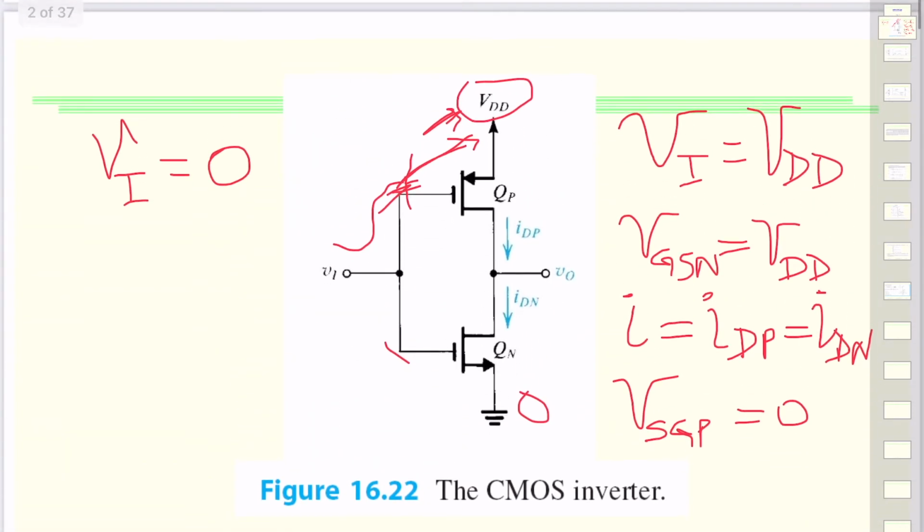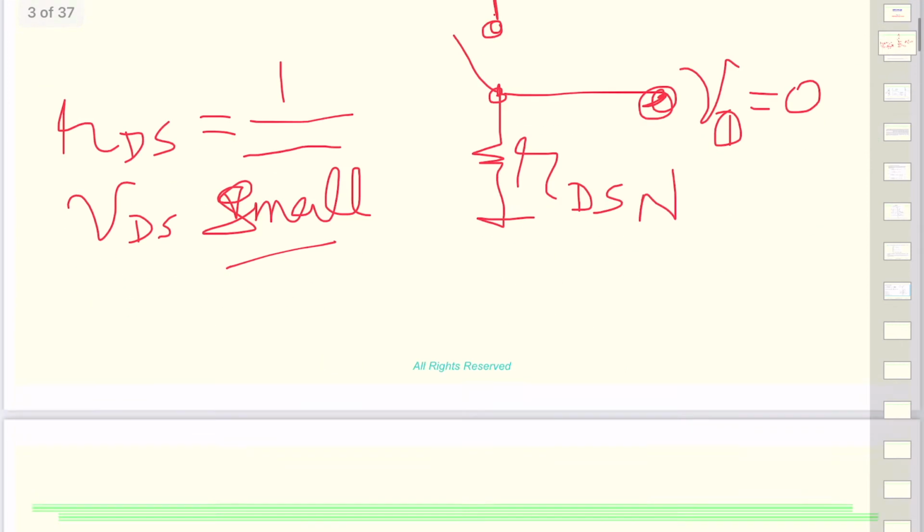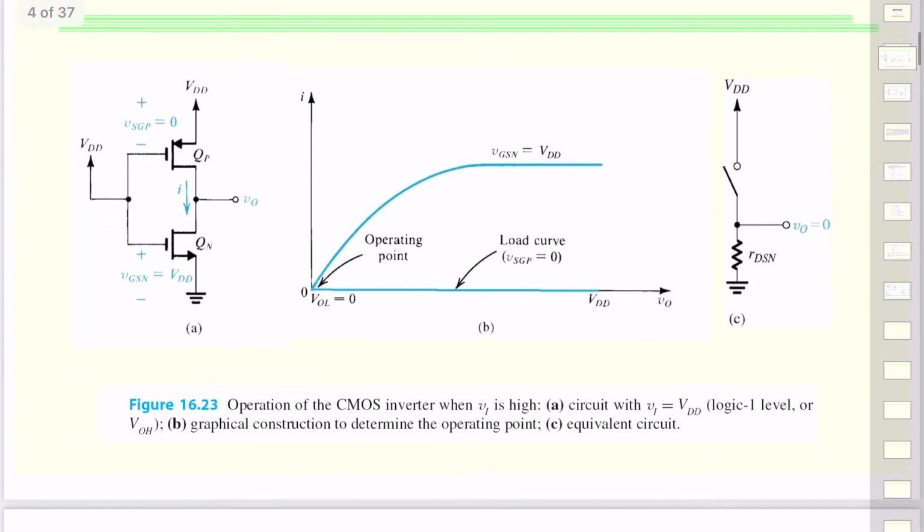Now, for this situation, for the curve, we have to look at both of these devices and see what their load lines are. If we draw the load line for the first situation, we see that for the PMOS, the load line is nothing but a straight line at zero, all the way to VDD.